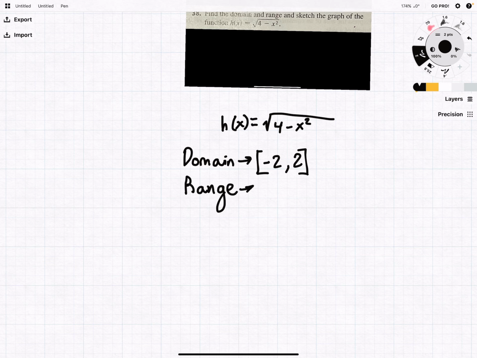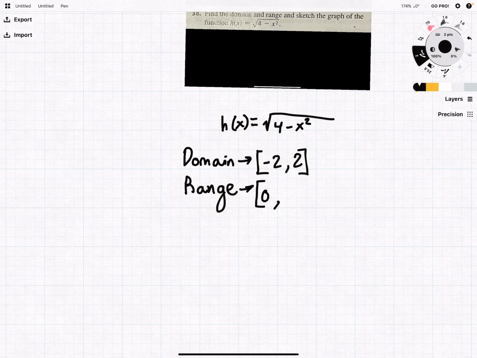Now the range, the range is basically what are the lows and highs of the graph? Well, the lowest this could ever be is 0, because we can't have any negative number as a result of a square root. So luckily, because of the square root, we know that it couldn't possibly be anything smaller than 0. So that's our low end of the range.